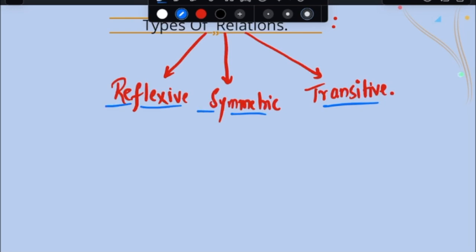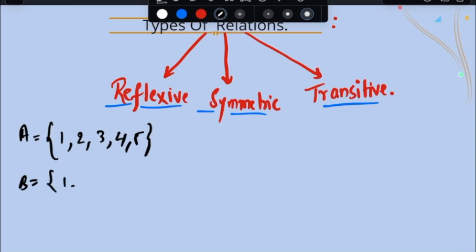Okay, so what are they? Let me explain. For example, take a set A, 1, 2, 3, 4, and 5, and set B, 1, 3, 9, 10, and 5. Now I form a relation. A relation might not contain every possible pair, we can take a small subset of it.